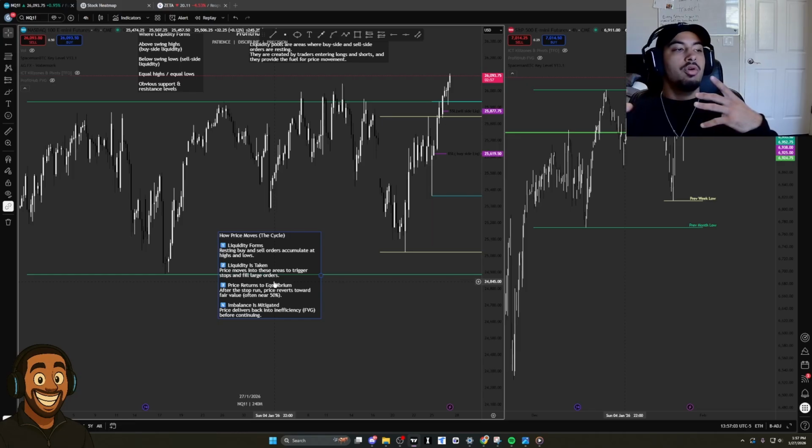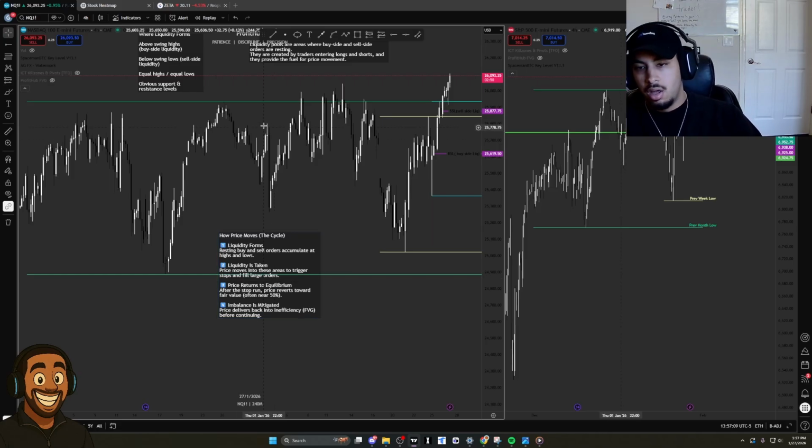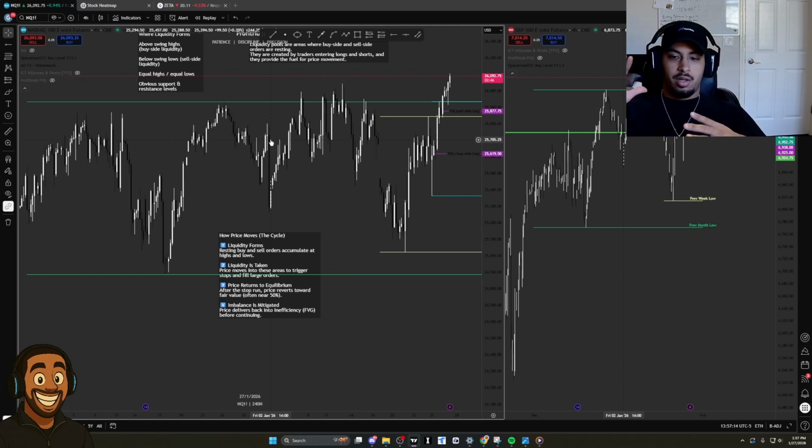So whenever we move out of a range, roughly out of a range, and we take some sort of liquidity, usually we'll return 50% towards that move and make a new range in between there.